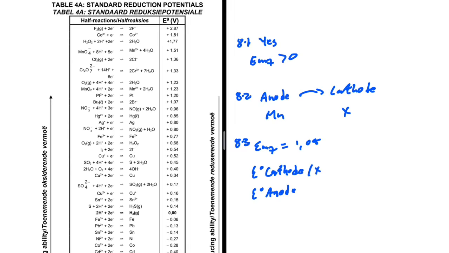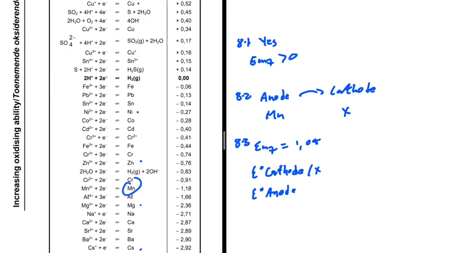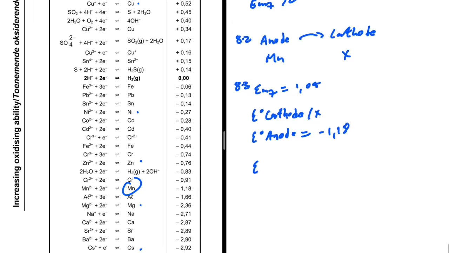Mn, where do we find it? We have Mn right there. So the reduction potential at the anode is minus 1.18. We know that the EMF of the cell is given by the reduction potential at the cathode minus the reduction potential at the anode.